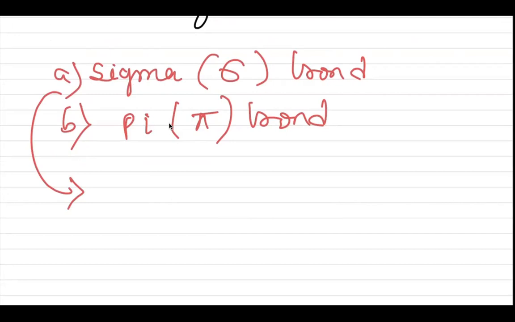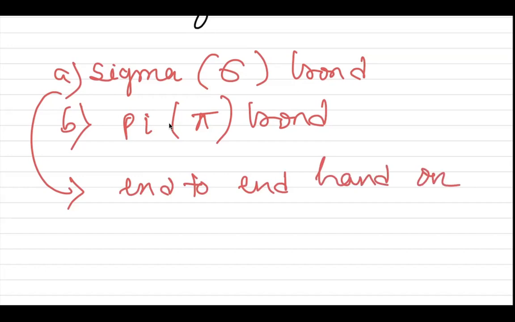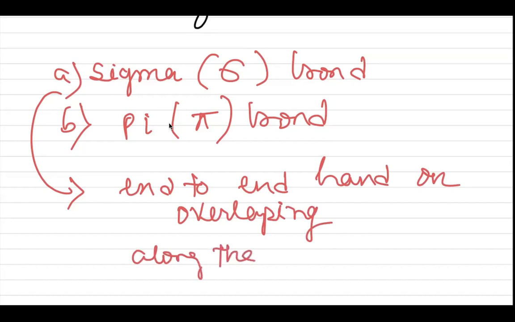This type of covalent bond is formed by end-to-end, head-on overlapping along the internuclear axis, very important, along the internuclear axis.